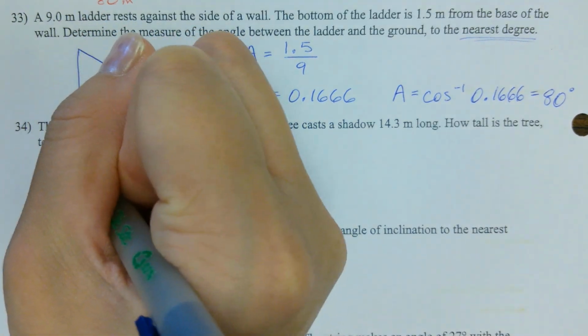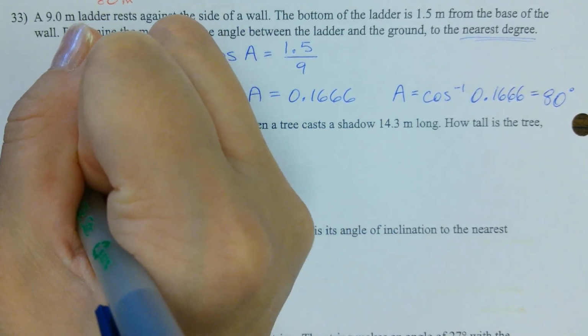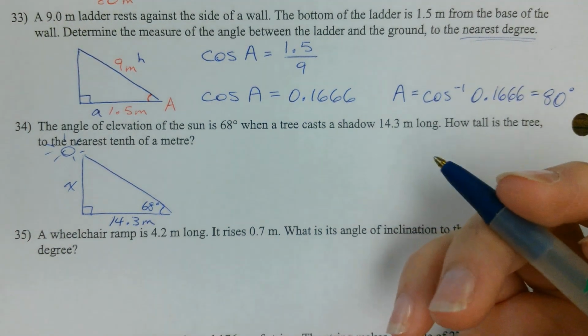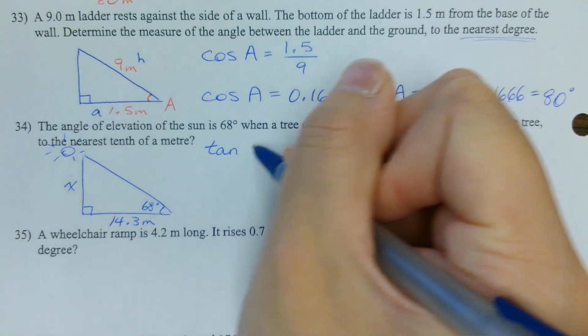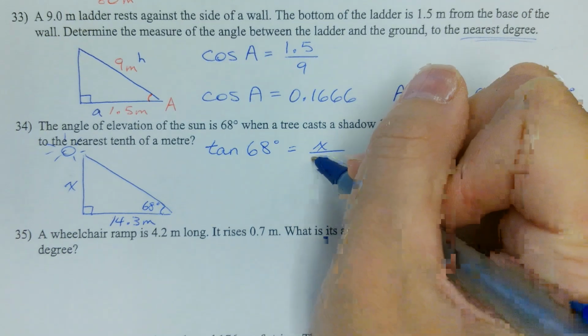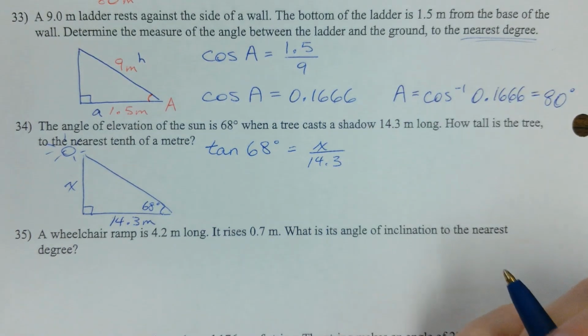Wait, does that mean that the tree is directly under the sun? Yes. But opposite over adjacent, so tan 68 degrees equals x over 14. If the tree is directly under the sun, then it would have basically no shadow.